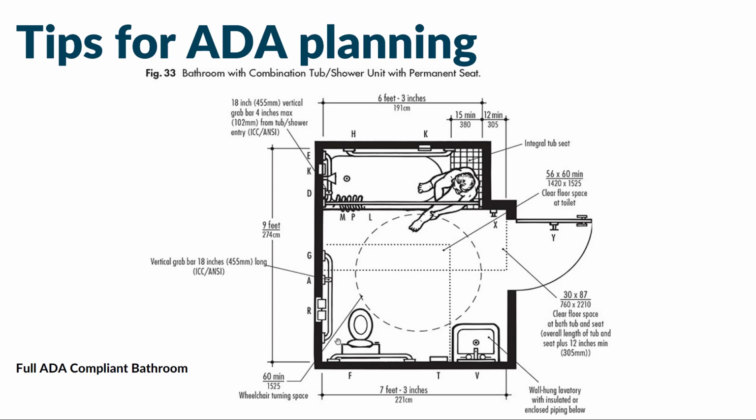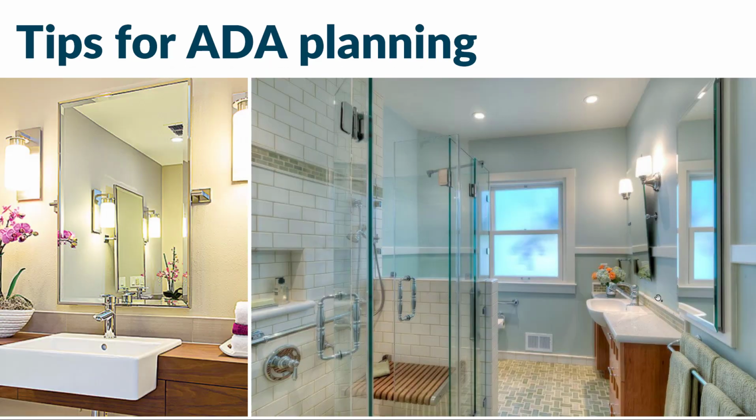And then we have all our proper distances with our toilet and our sink and everything in this image that we've already talked about. So you can see that an ADA compliant restroom is certainly a bit larger than a standard residential bathroom might be, but that would function very nicely for anyone using that space.